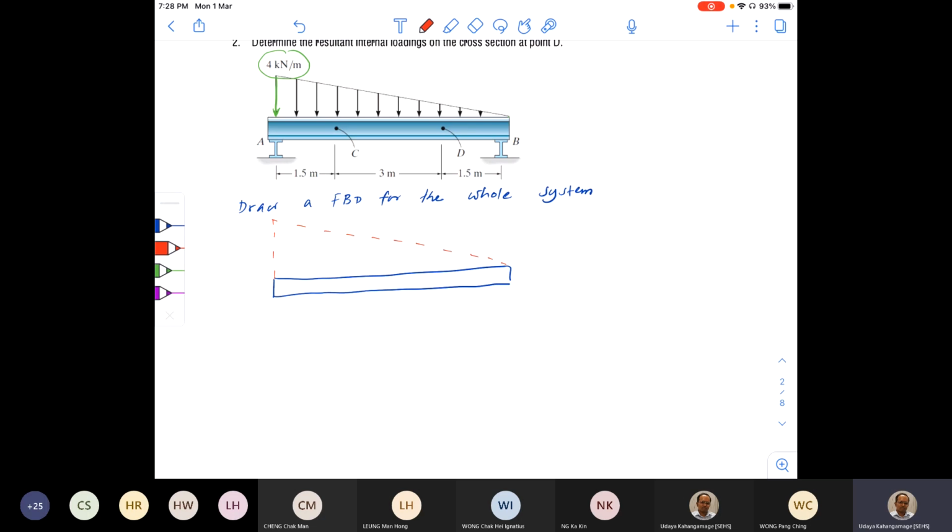If you have a triangular distribution, or a triangular plate like this, then the geometric center is located 1/3 of the height from the base. If this is the base, from the base you measure this length L, and take 1/3 of L, somewhere here.